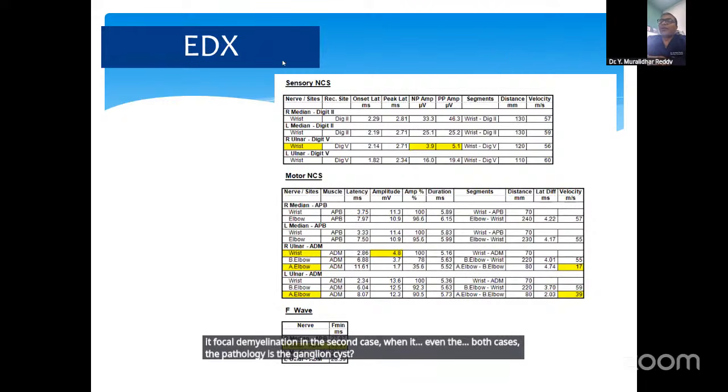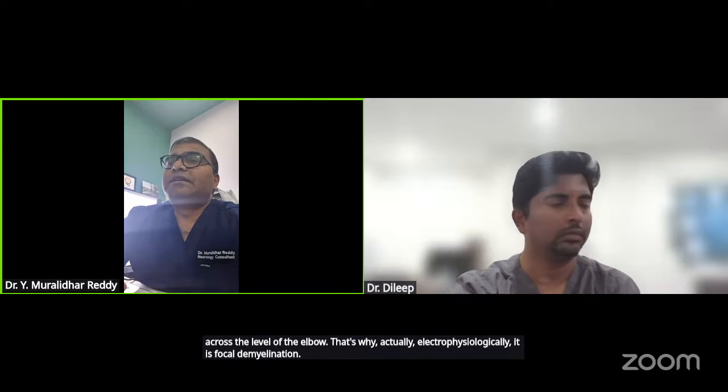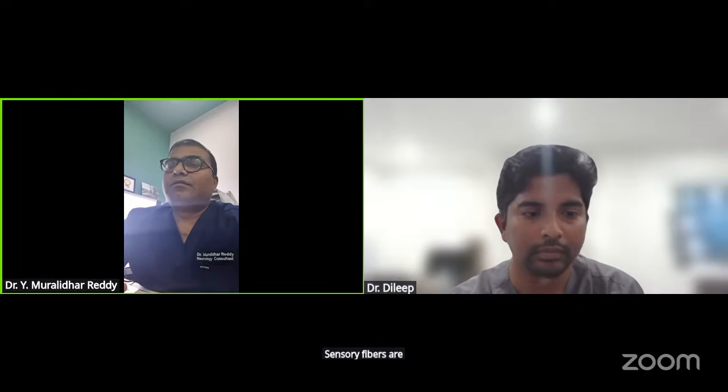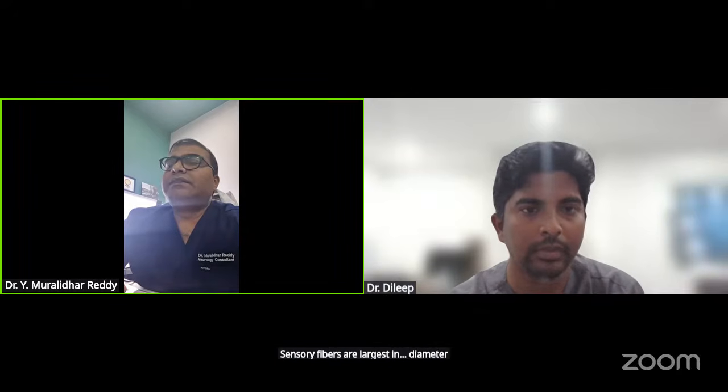The second case is more of an electrophysiological diagnosis, madam. There was demyelination in the form of conduction slowing and block across the level of the elbow. That's why electrophysiologically it is focal demyelination. Sensory fibers are largest in diameter, and hence that's what we were thinking.